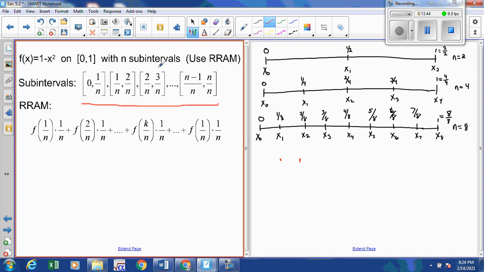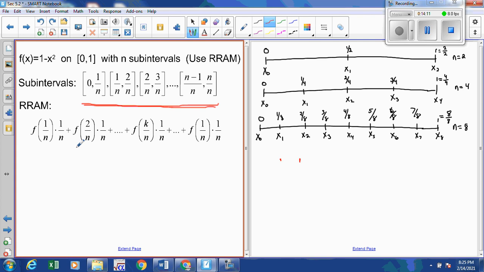If your n is 4, it would be 0 to 1/4, 1/4 to 2/4, 2/4 to 3/4, and then 3/4 to 4/4. If n is 8, it's 0 to 1/8, 1/8 to 2/8, 2/8 to 3/8, and so forth. So this is just a general way of writing this for any value of n. And you could write that for 3, 11, 15. It just makes it easy with the numbers I chose.